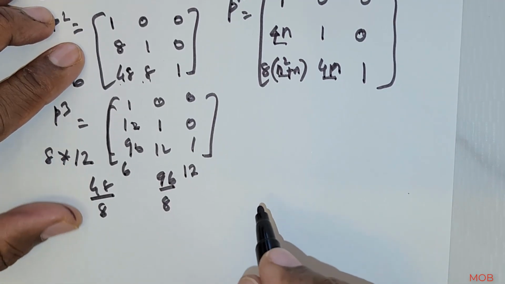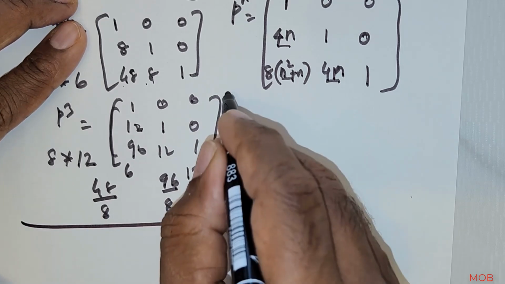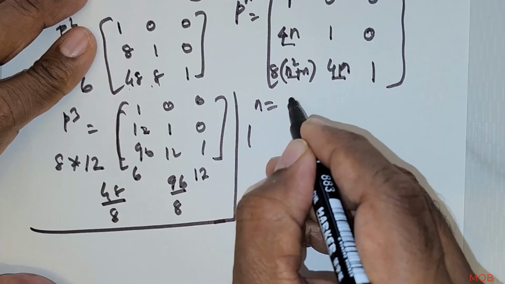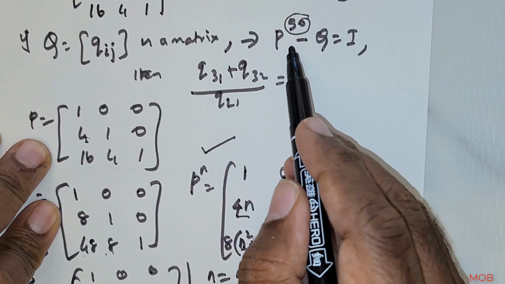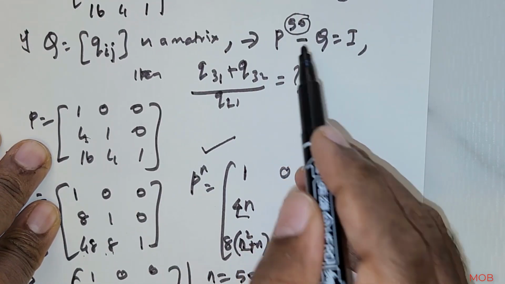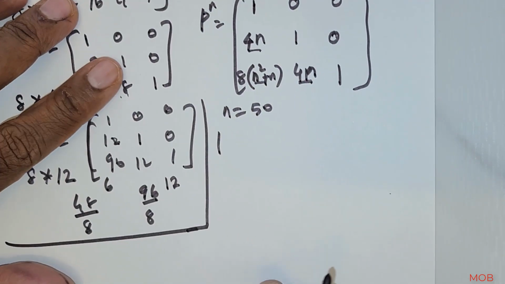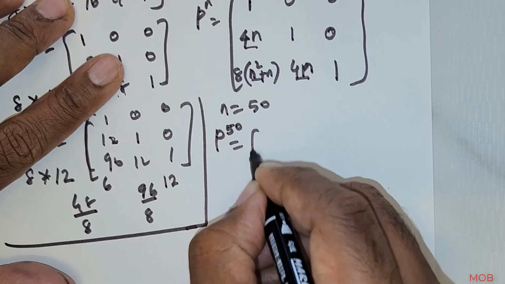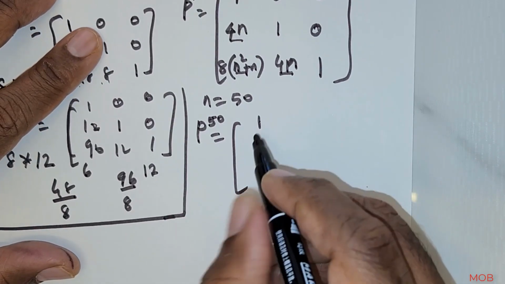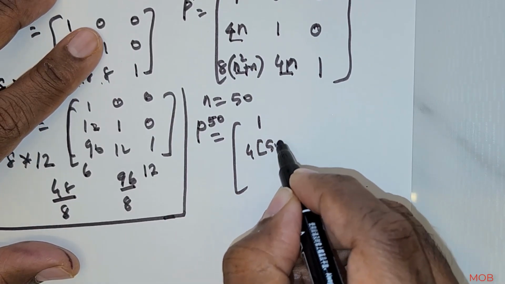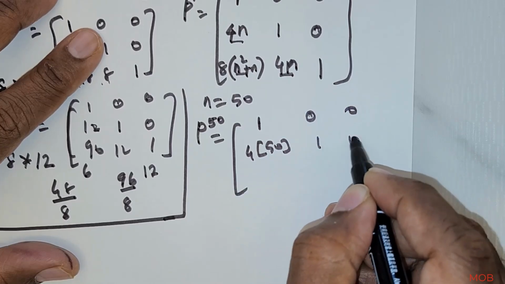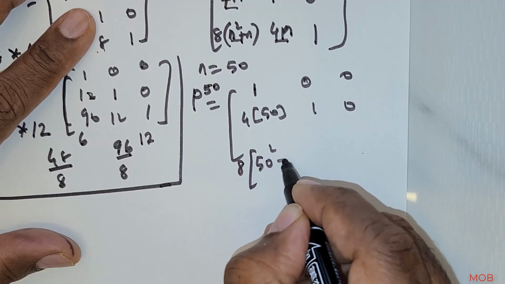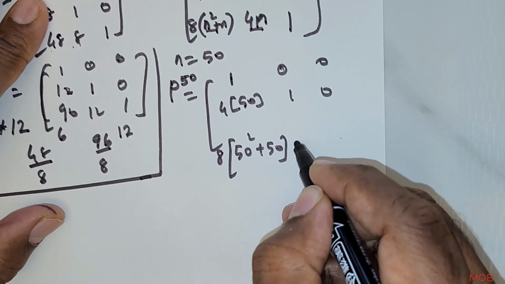Now having got this, we need to go back and get the value for n equal to 50. So this is what is given here, n equal to 50. We need to get that value. So what is P of 50? P of 50 is equal to 1, 4 times 50, 0, 0, 1, 0, and 8 times 50 squared plus 50.